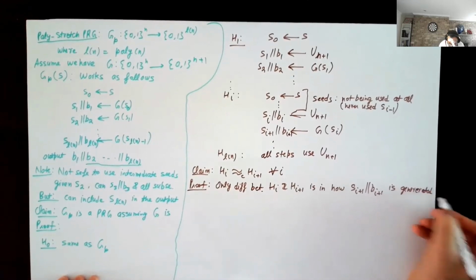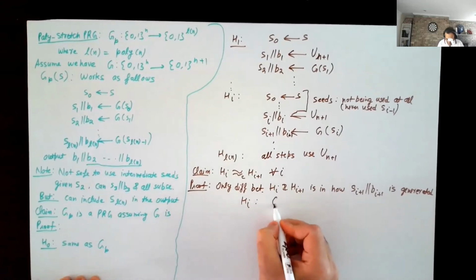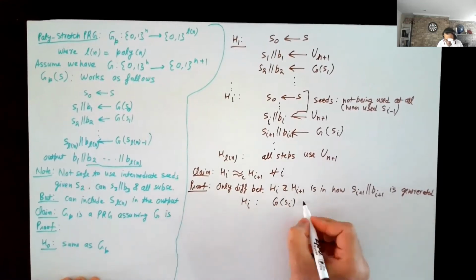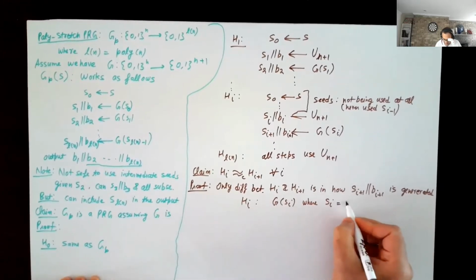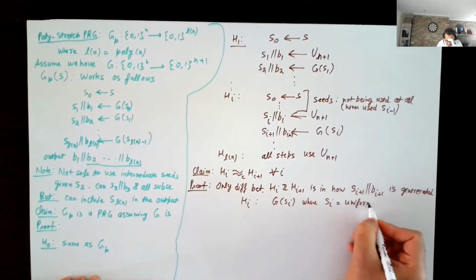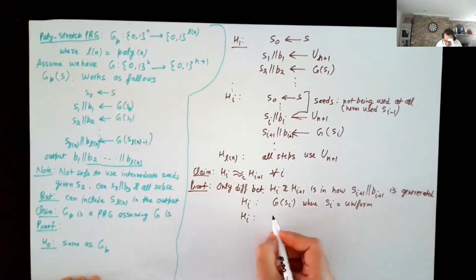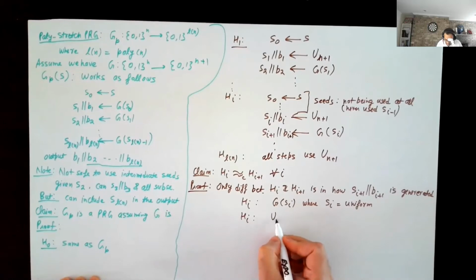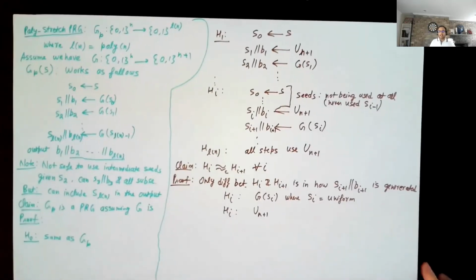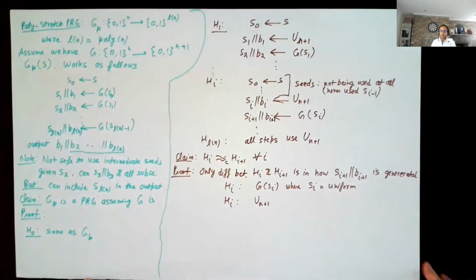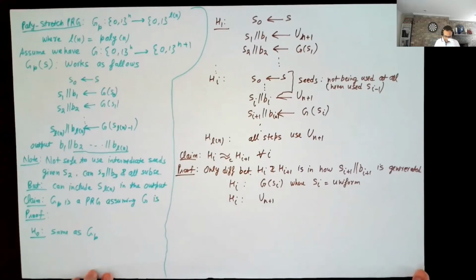right? In HI, we use G of SI, where SI is uniform, and in HI plus 1, we have U of n plus 1. Okay? And now we can see that this basically directly follows from the security of G, that these two distributions should be indistinguishable. Okay?